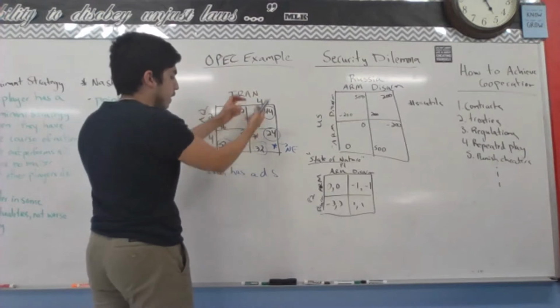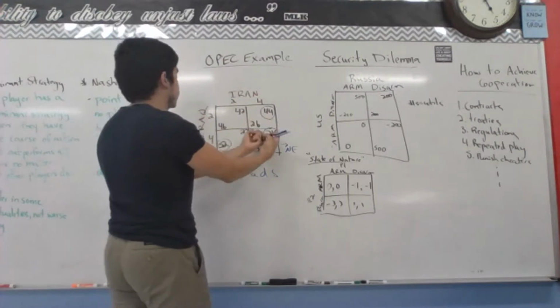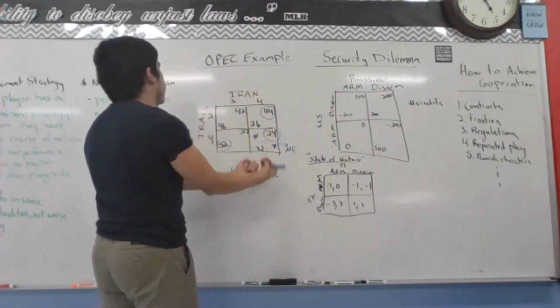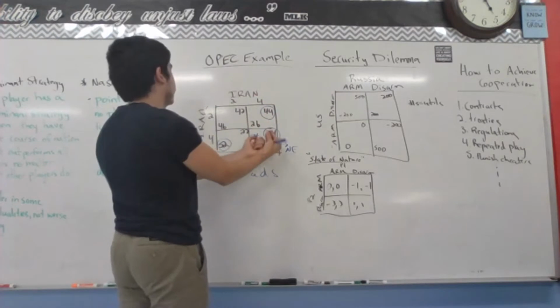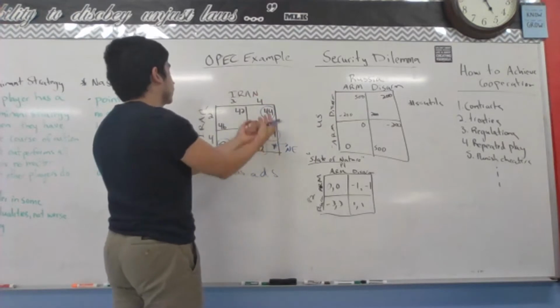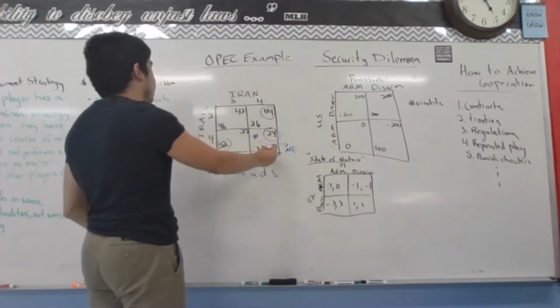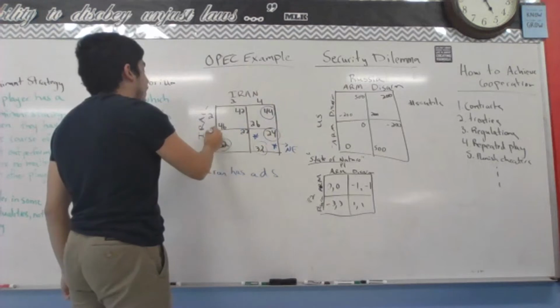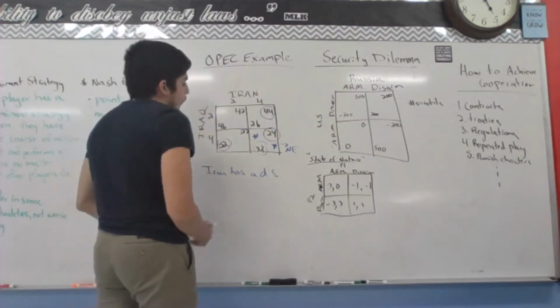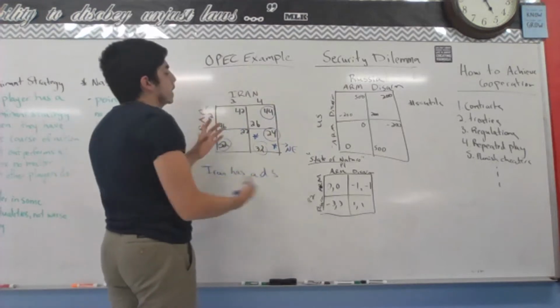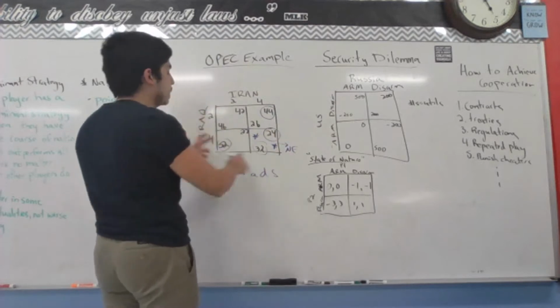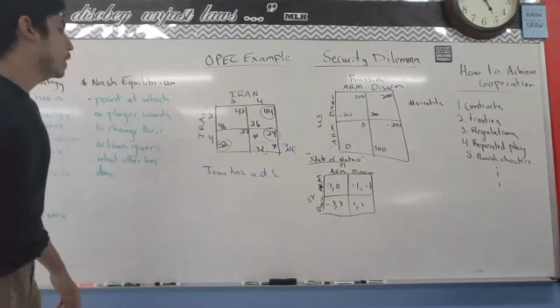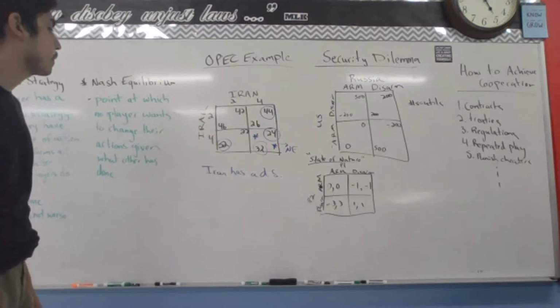There's an incentive pulling towards the Nash equilibrium, a regret, a desire that, oh, I wish I would have produced 4 million barrels. And maybe if this game is iterated, meaning played repeatedly, Iraq will produce 4 million barrels.